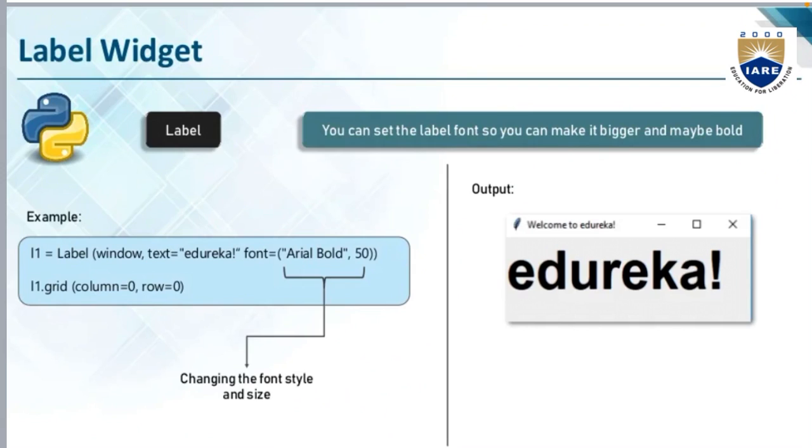Window means the window we have designed earlier, and text is the text we should display on the window, and we can specify the font. Here I am using Arial bold, comma, I am using size 50, and arranging it on the window, that is column equals 0, comma row equals 0.